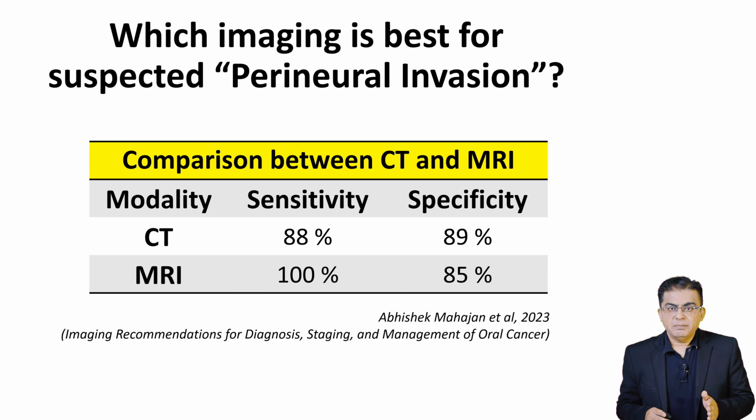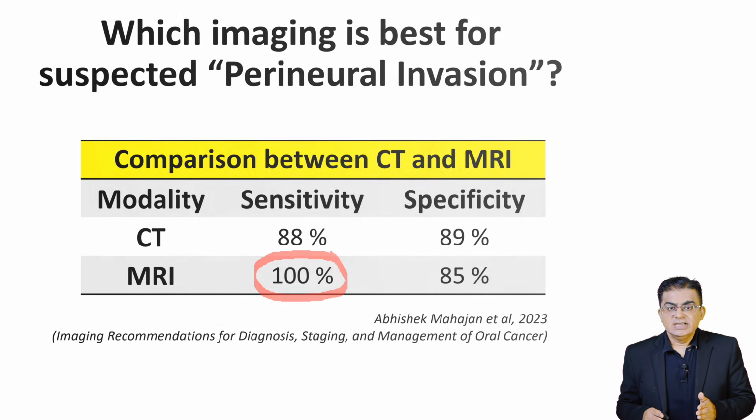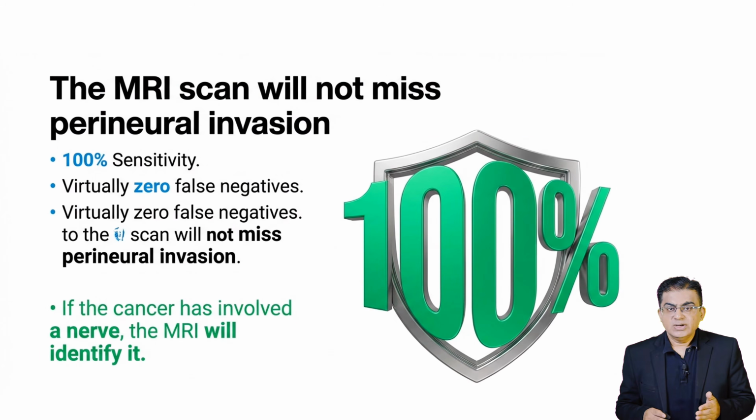MRI has a perfect 100% sensitivity. What does this 100% sensitivity of MRI mean to us oncologists? It means the MRI scan will successfully identify absolutely every single case having perineural invasion.